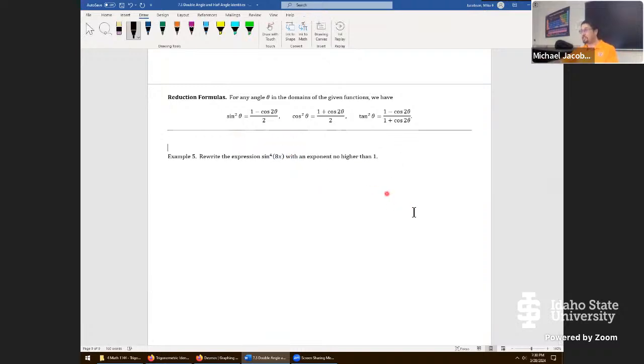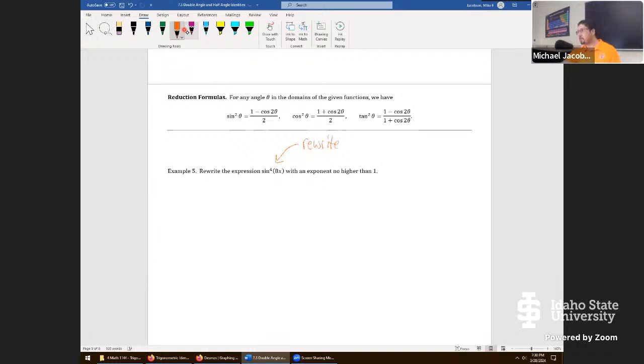So just in case you're curious, if you know you're taking a lot of math, we need to rewrite this in order to integrate. And this is a problem that you would do in calculus 2.